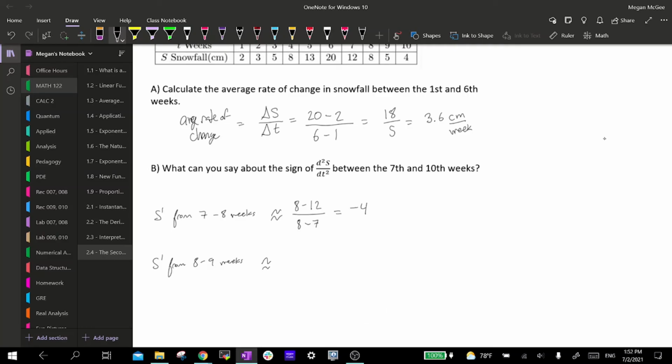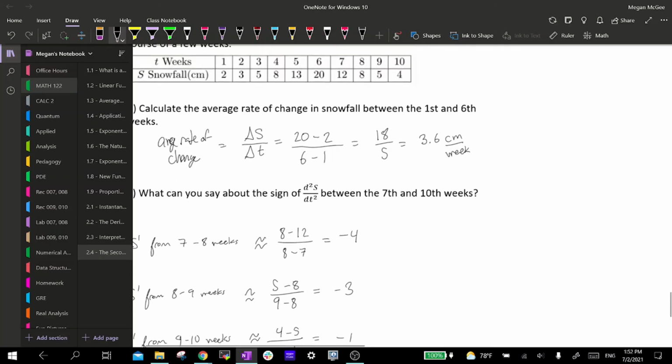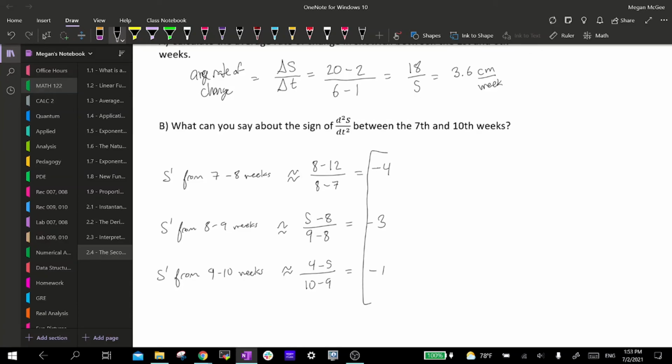And we know that's approximately 5 minus 8 over 9 minus 8. So then we get negative 3. And finally, S prime from the 9th to 10th weeks is approximately 4 minus 5 over 10 minus 9, and that's equal to negative 1. Alright, so these are all the values of the first derivative.